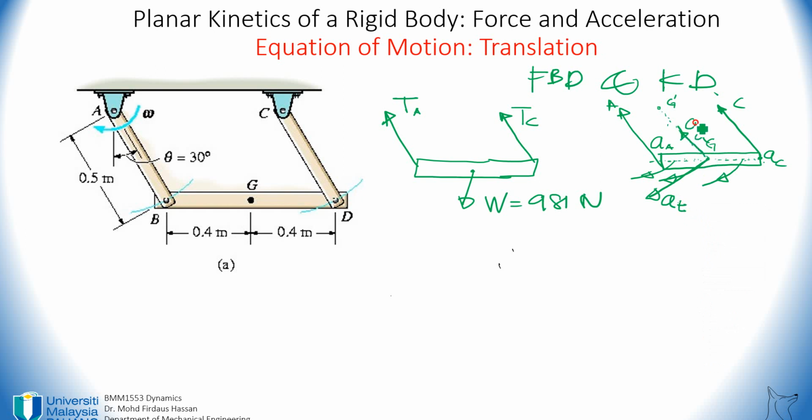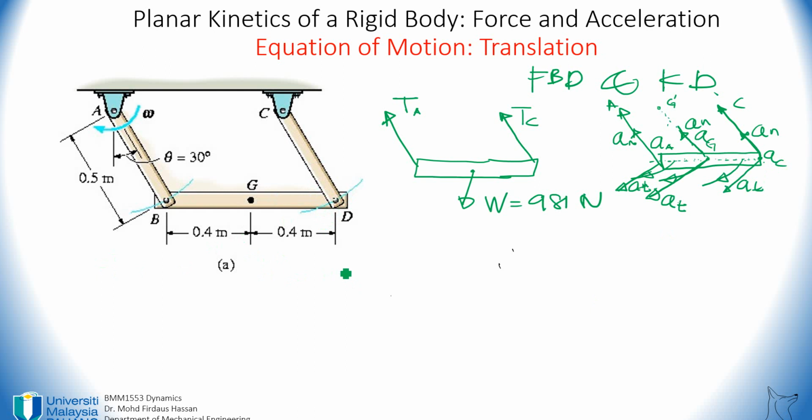It is the same if you find AT and AN here, similar even for A. If you can find AT and AN here, the answer is similar for this one as well: AT and AN at G, AT and AN at C. This is the kinetic diagram.